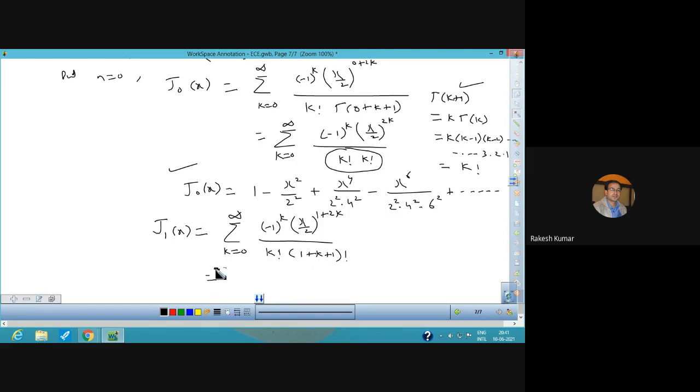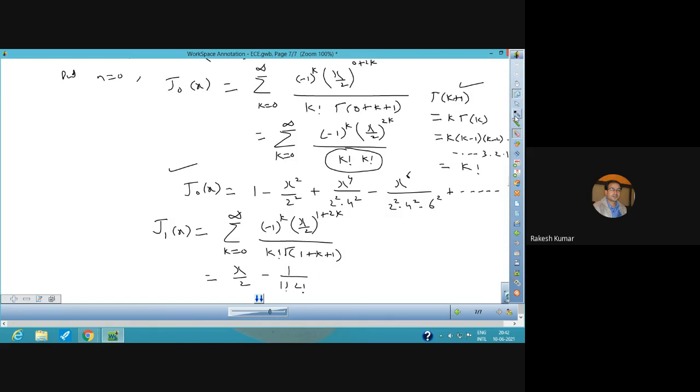So ultimately, you can expand the expansion now. You will have x over 2, minus 1 over, for k equal to 1, here it will come 1 factorial, for k equal to 1, here it will come 2 factorial. This is your gamma, not factorial here. This is your gamma.